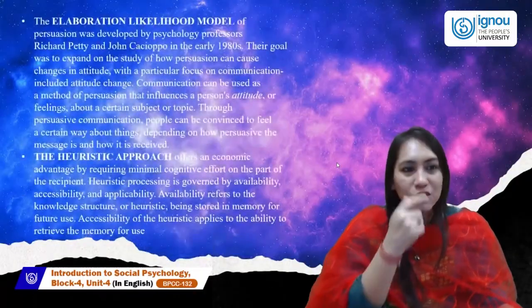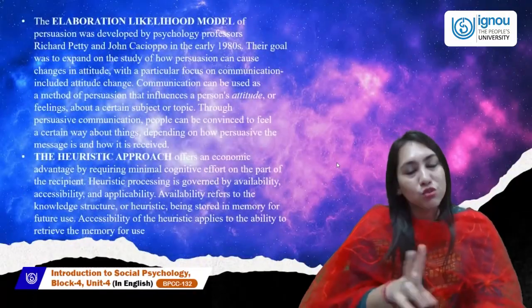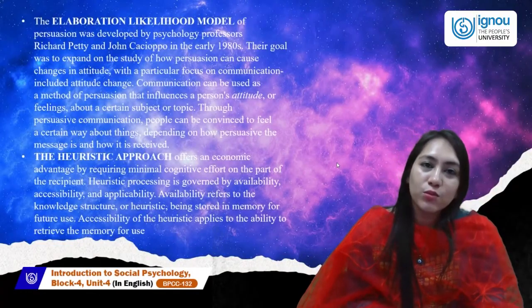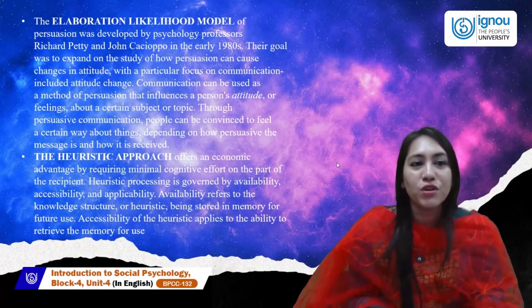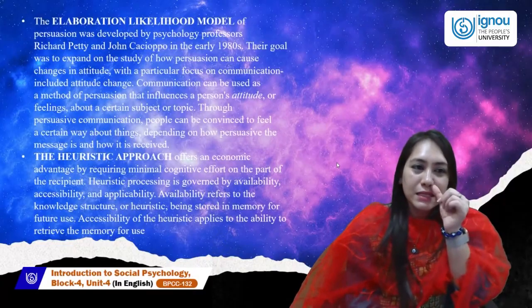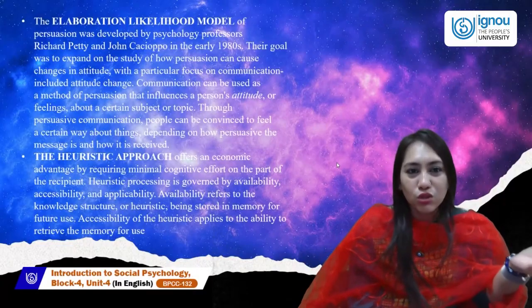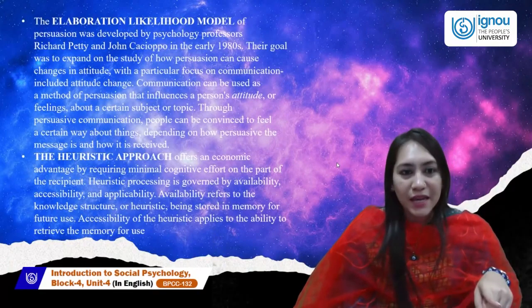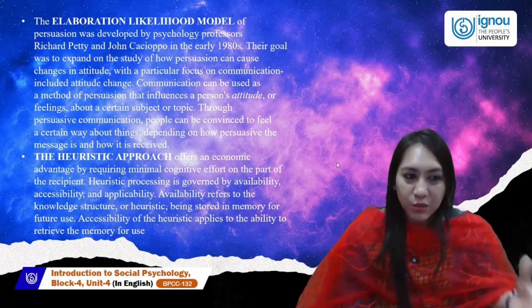I will also explain the two models again. The first model was the elaboration likelihood model, which was given by Richard Petty and John Cacioppo in the 1980s. They said that the goal of this model is how persuasion takes place in changing attitude, and it particularly focuses on communication.